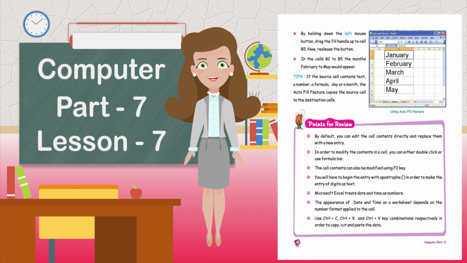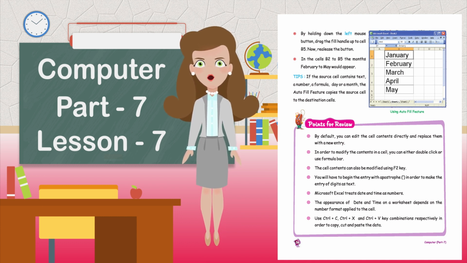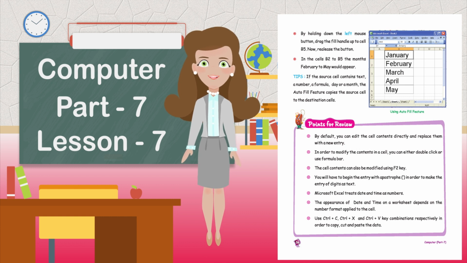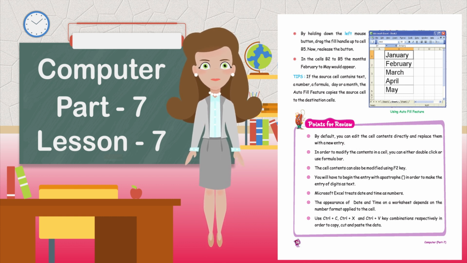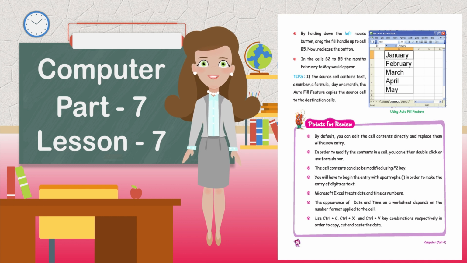By holding down the left mouse button, drag the fill handle up to cell B5. Now release the button. In the cells B2 to B5, the months February to May will appear. Tips: if the source cell contains text, a number, a formula, a day, or a month, the autofill feature copies the source cell to the destination cells.